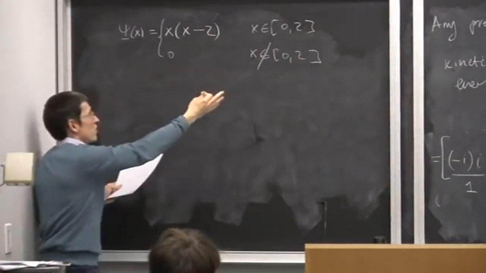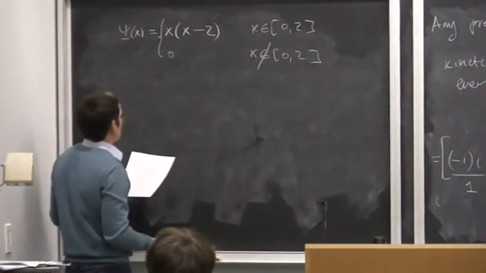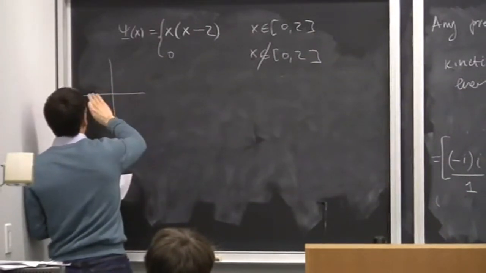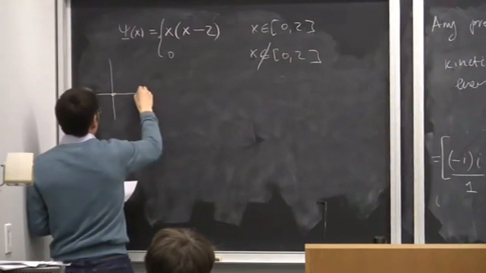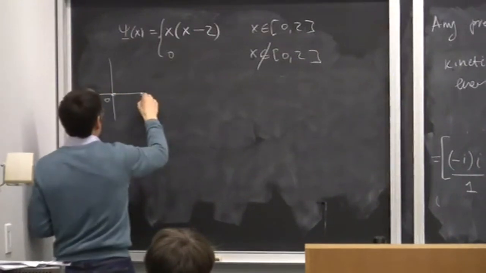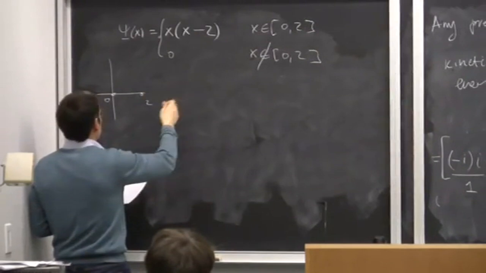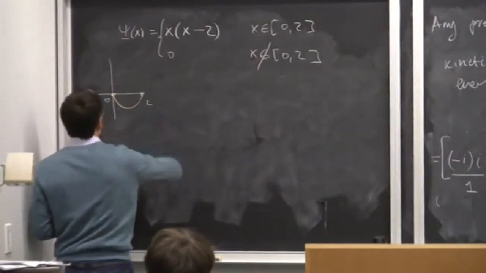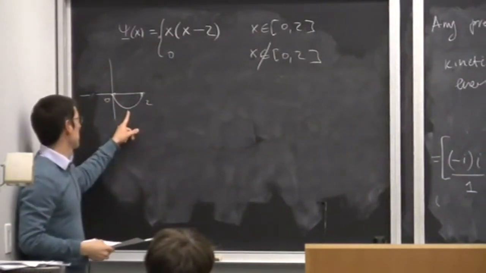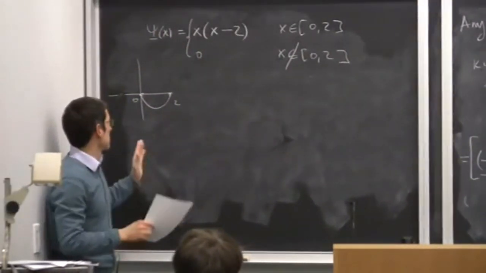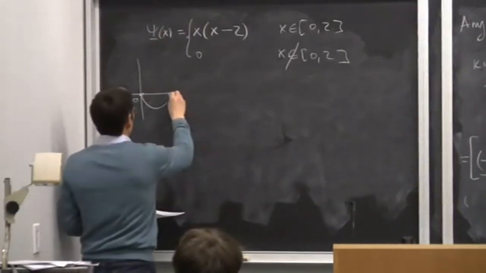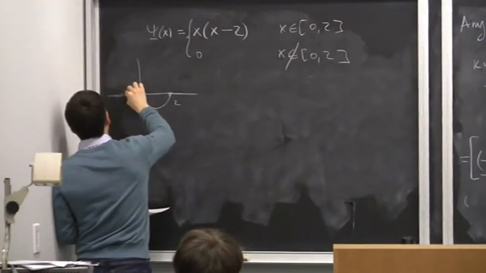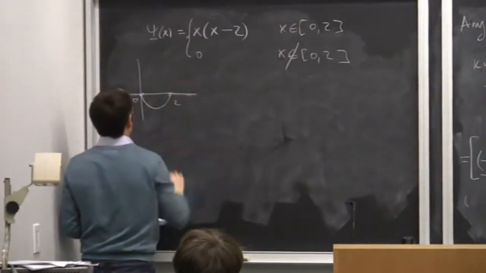Okay, so this is our function, and you can already see how it looks. Say this is 0, this is 2. It's kind of a parabola, mainly going downward, and it is 0 outside of the 0 to 2 range.